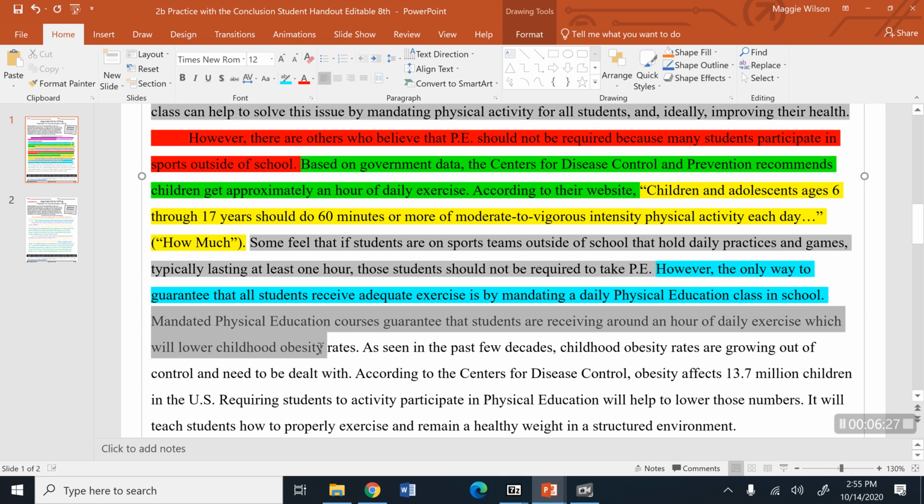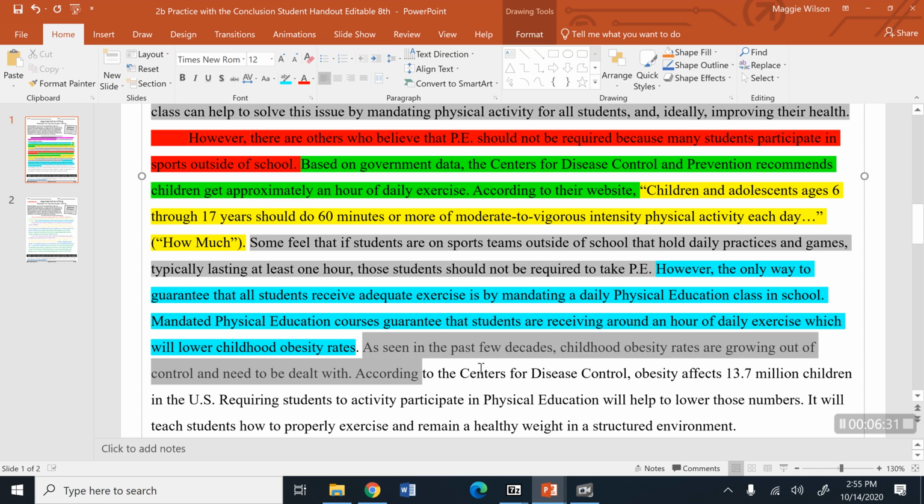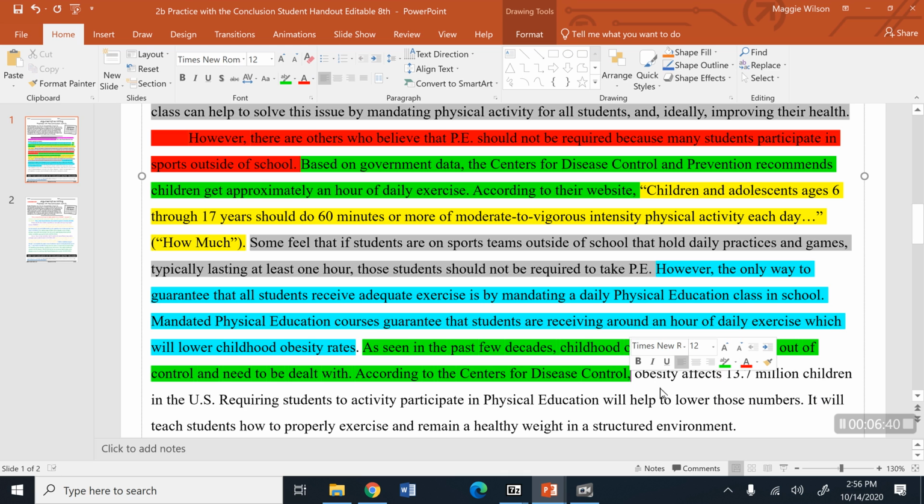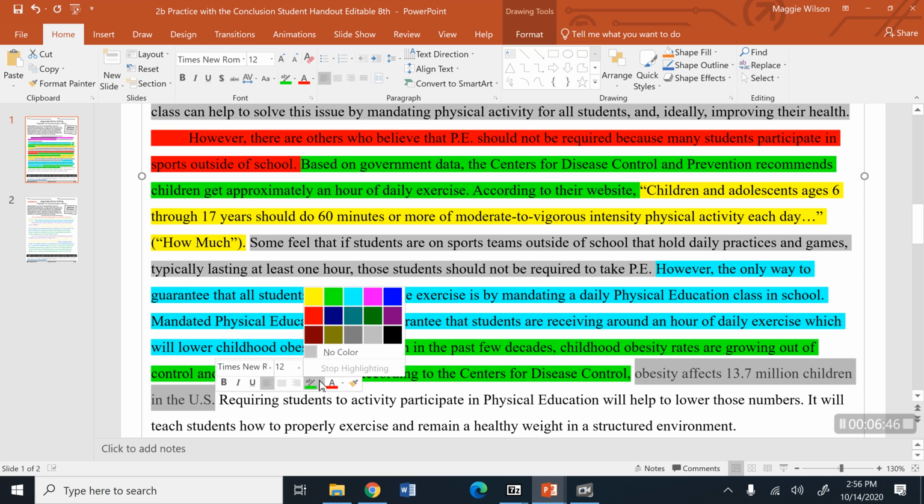Actually, this is part of my premise as well, excuse me. This all the way to the childhood obesity rates. And then "as seen in the past few decades" until the Center for Disease Control is my introduction to the evidence. And then, of course, this statistic right here is my evidence.